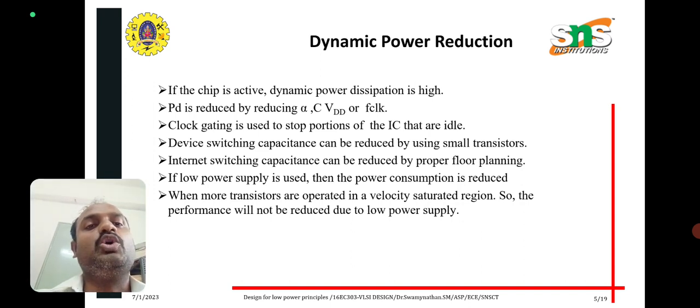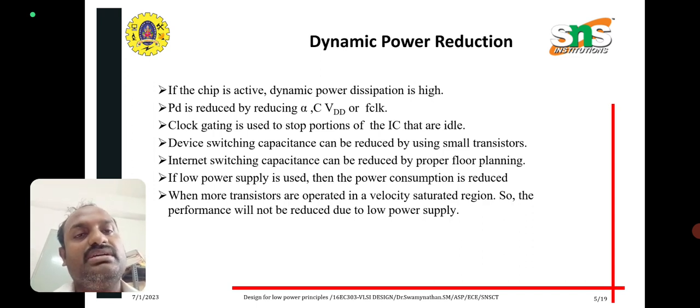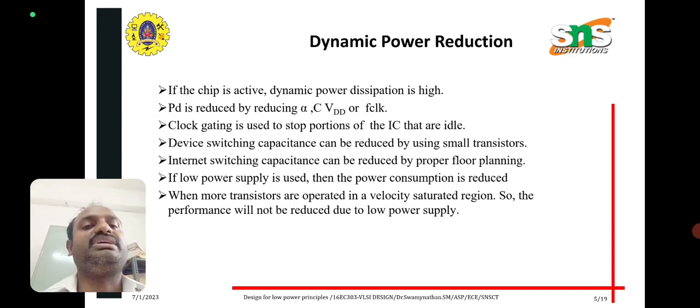Next, if a low power supply is used, then the power consumption is reduced. When more transistors operate in the velocity saturation region, performance will not be reduced because of the lower power supply.